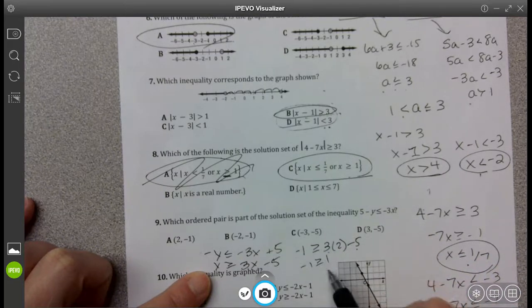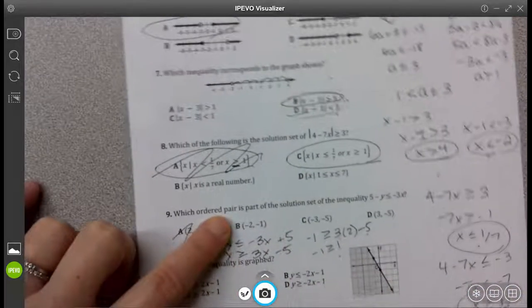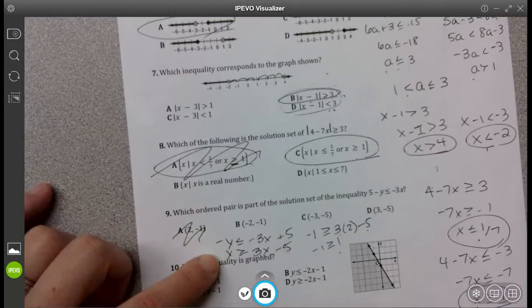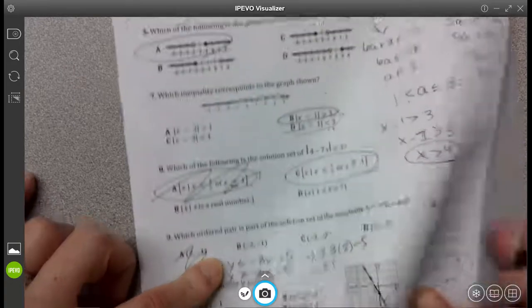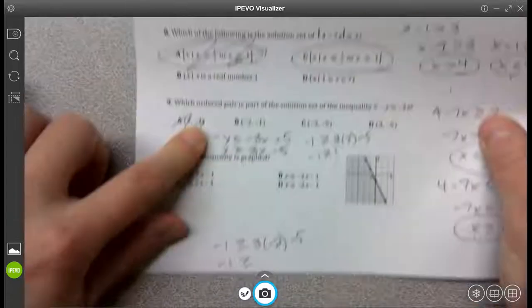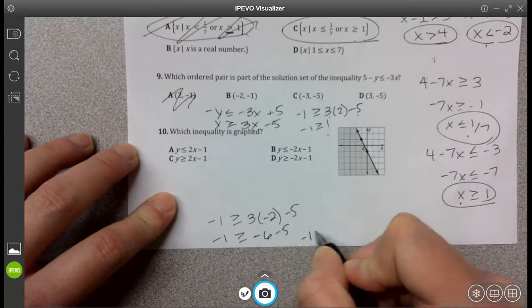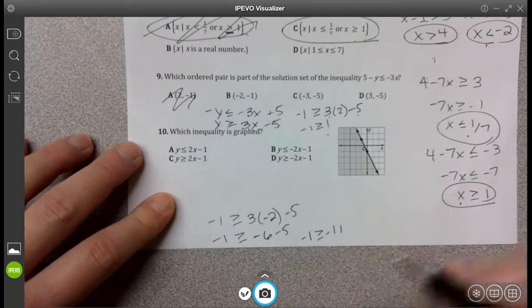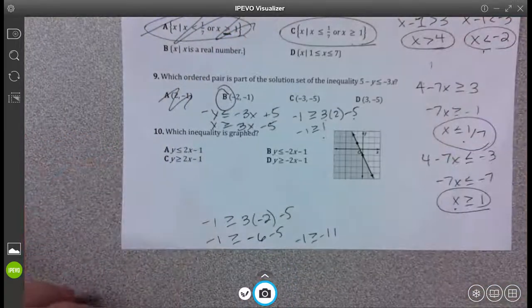Is that true? No, that's not true. Let's try negative 2 and negative 1. If I put a negative 1 in here and a negative 2 in here, is that true? Yes. There you go. Okay. All right.